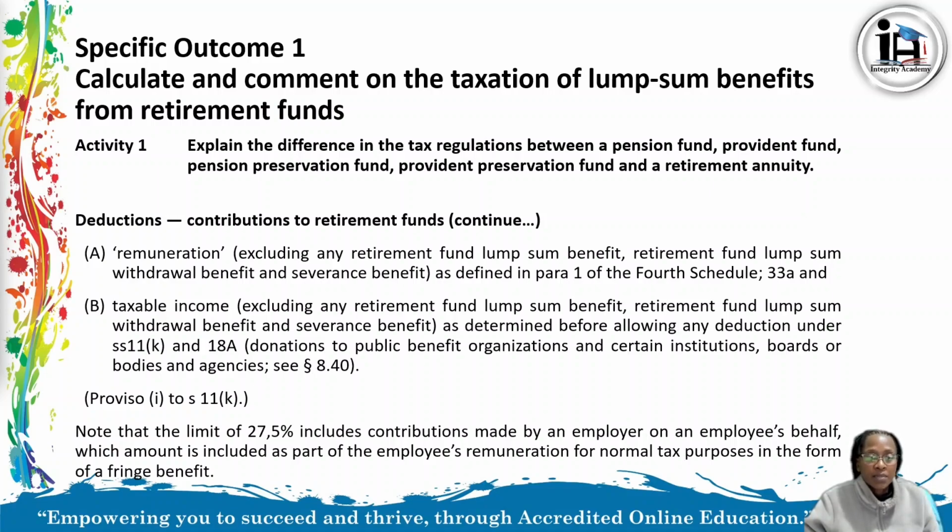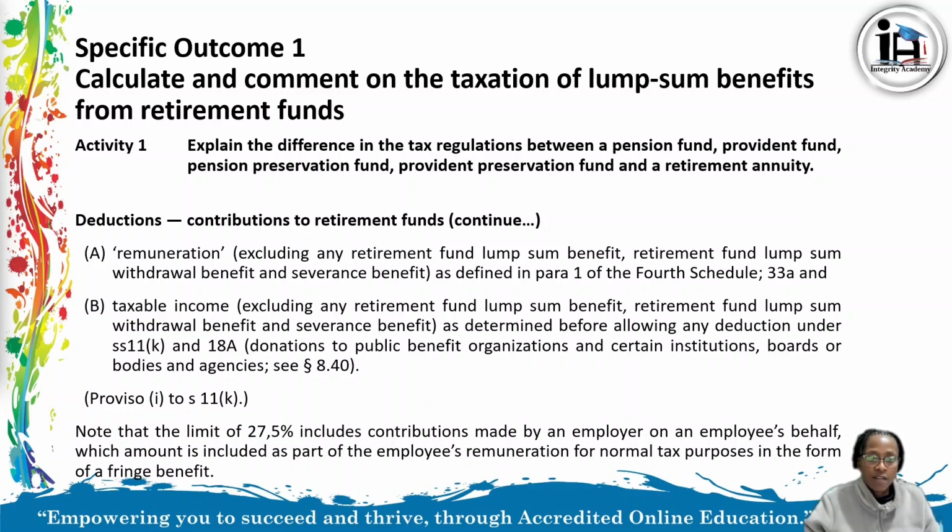And B, taxable income, which excludes any retirement fund lump sum benefits, retirement fund lump sum withdrawal benefit, and severance benefit as determined before allowing any deduction under subsection 11K and 18A of donations to public benefit organizations and certain institutions, boards of directors and agencies. See section 8.40.